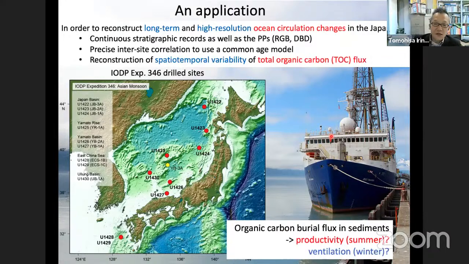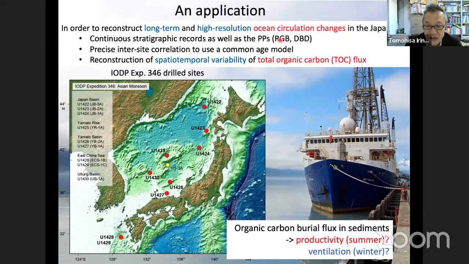Because they are all IODP sites, they all have the RGB data and dry bulk density or bulk density data, and we have the relatively precise common age model, and the sediment darkness is very well correlated with the total organic carbon concentration in the sediment.